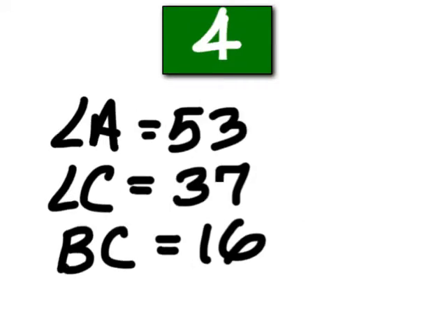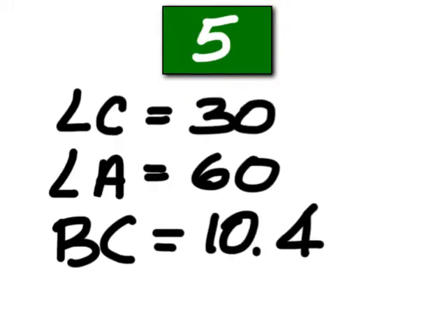4 is angle A is 53, angle C is 37, and BC is 16. Number 5, angle C is 30, angle A is 60, and BC is 10.4.